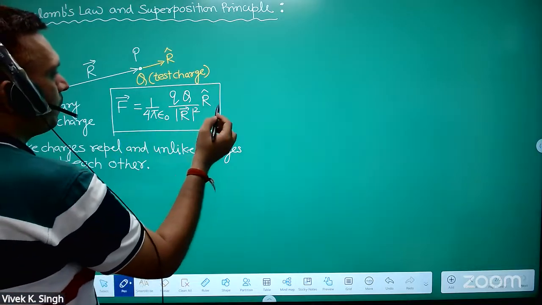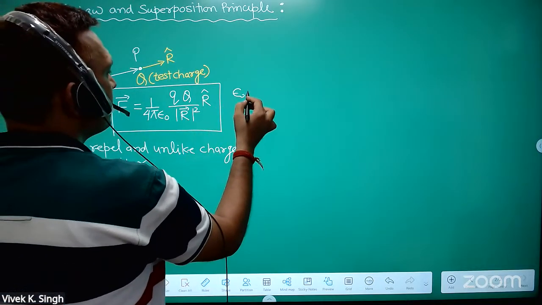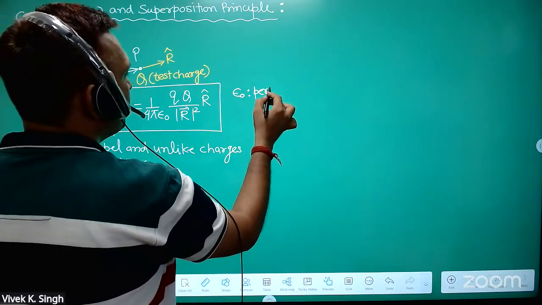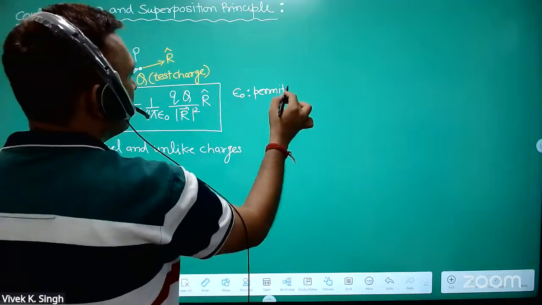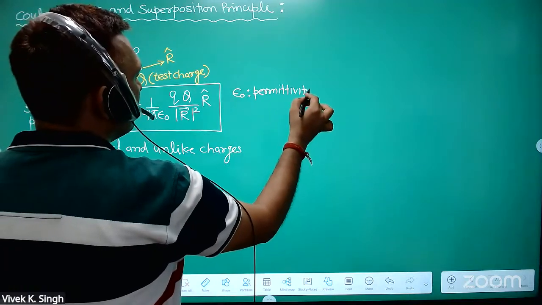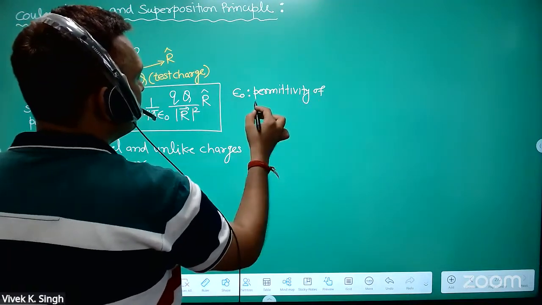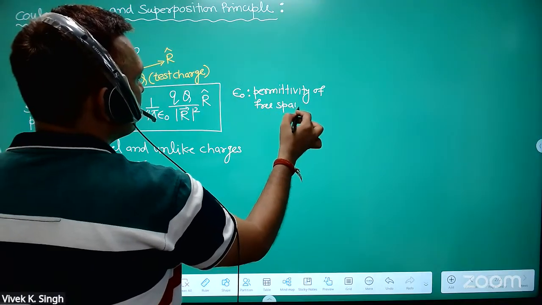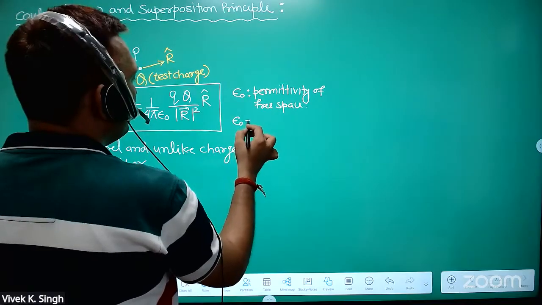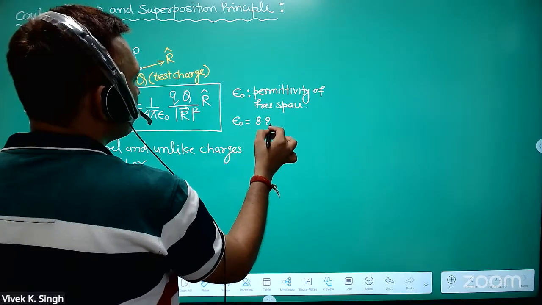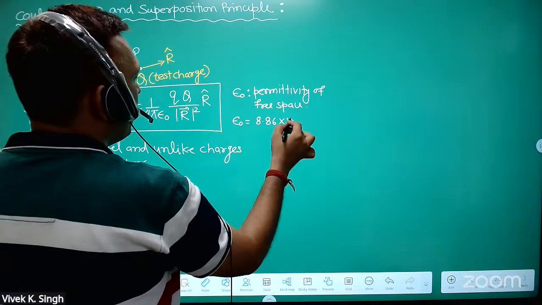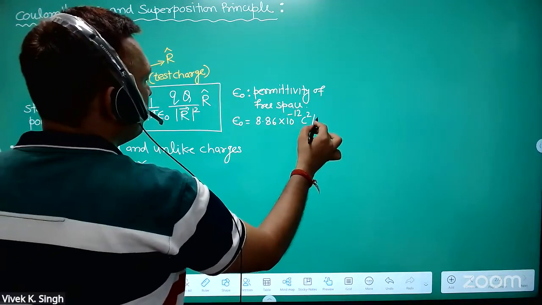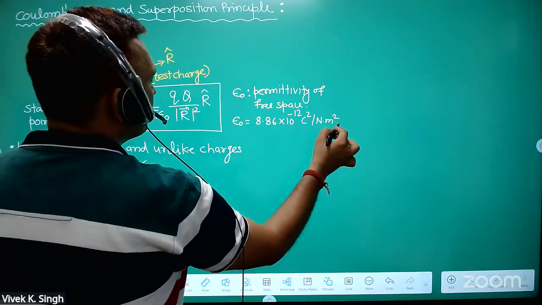So here epsilon naught is called the permittivity of free space. And epsilon naught value is 8.86 into 10 to power minus 12 Coulomb square per Newton meter square.